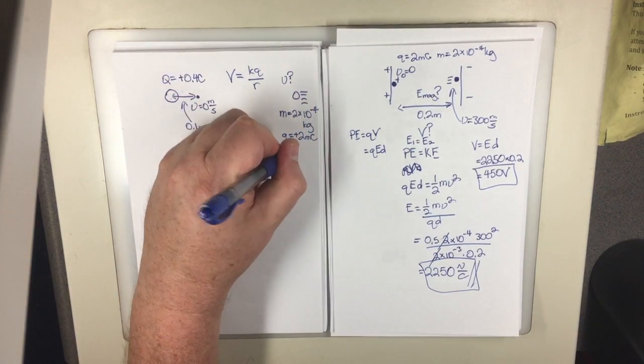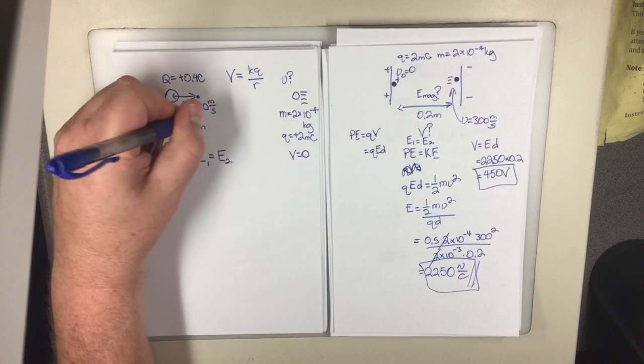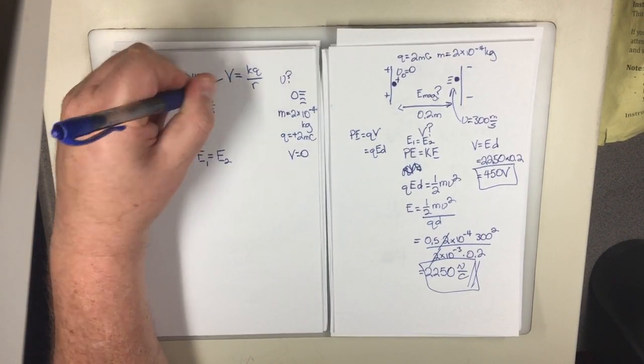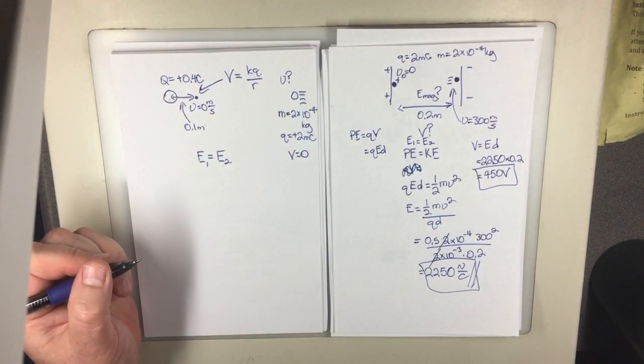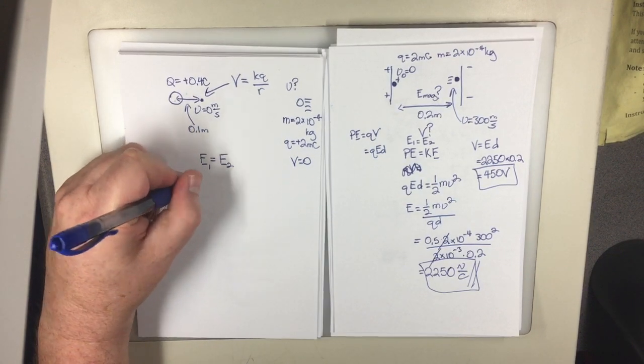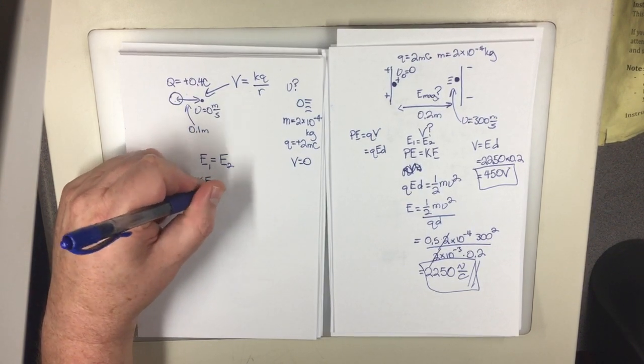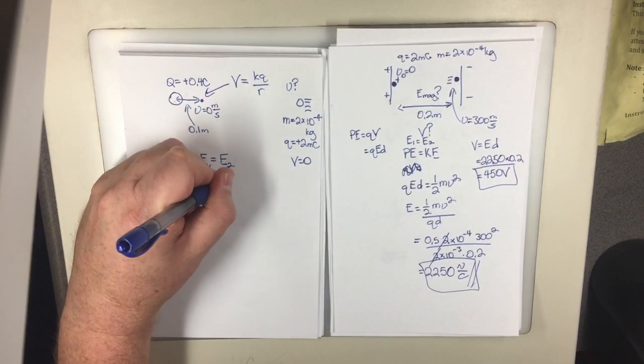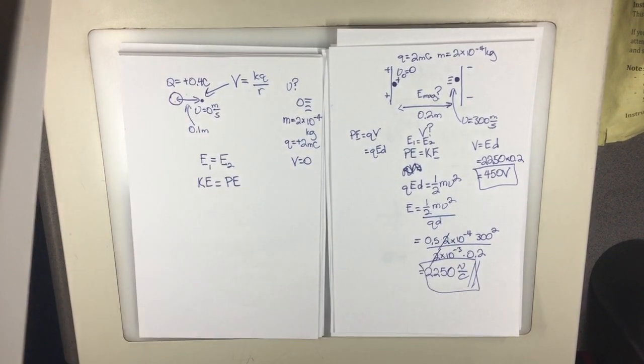So over here, that potential is 0. Over here, that potential is KQ over R. Now initially, it is all kinetic energy. At the end, it is all potential energy.